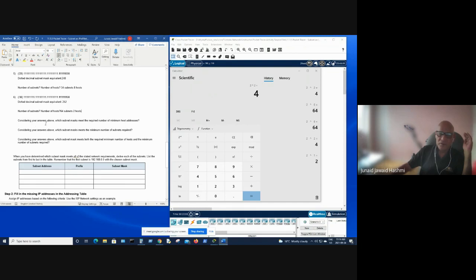So considering your answers above, which subnet masks meet the required number of subnets? Okay. So /26, /27, /28, /29, /30 will give the required number of subnets.